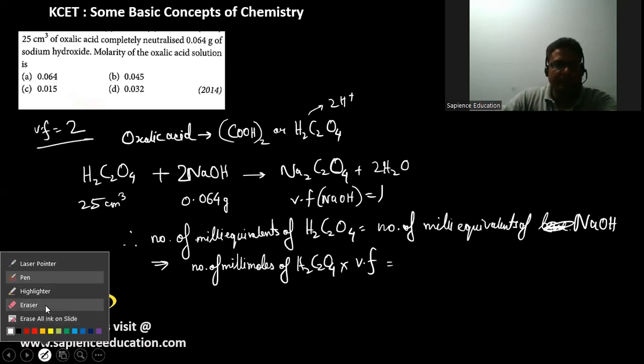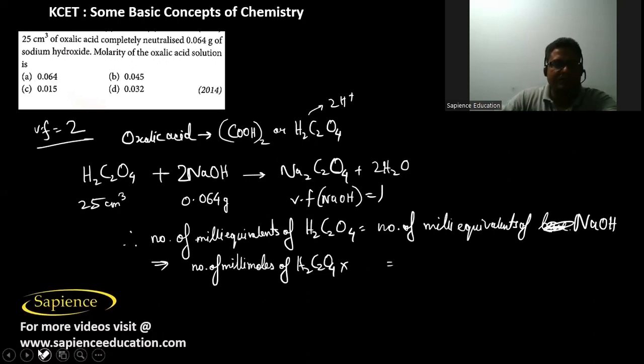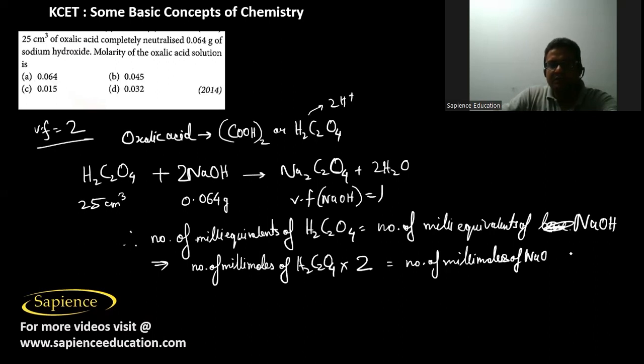So therefore here the valency factor of oxalic acid is 2, and that is equal to the number of millimoles of NaOH times the valency factor of NaOH, which is 1.